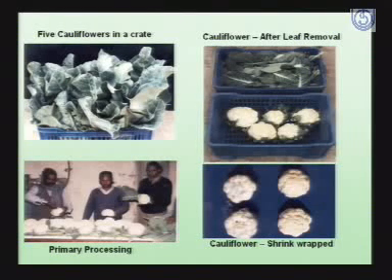These cauliflower leaves are totally not required by the consumer. This is an excellent cattle feed. So it can remain in the field, but all that we need is the curd, the white portion of it.